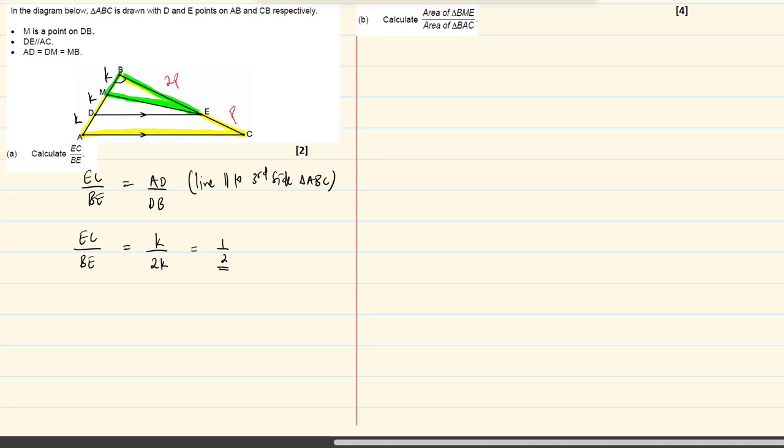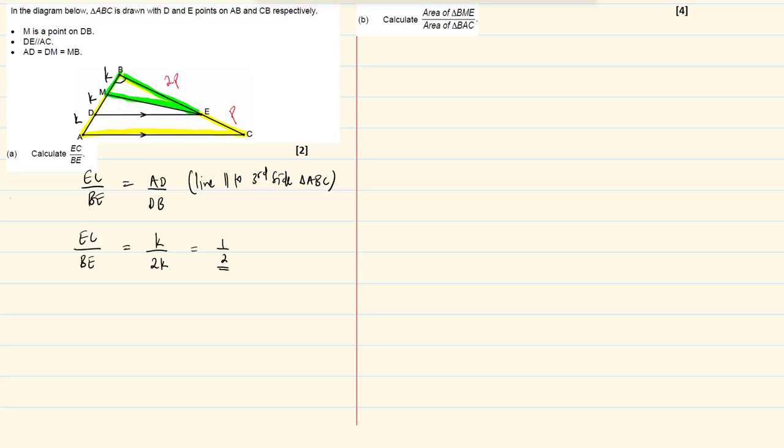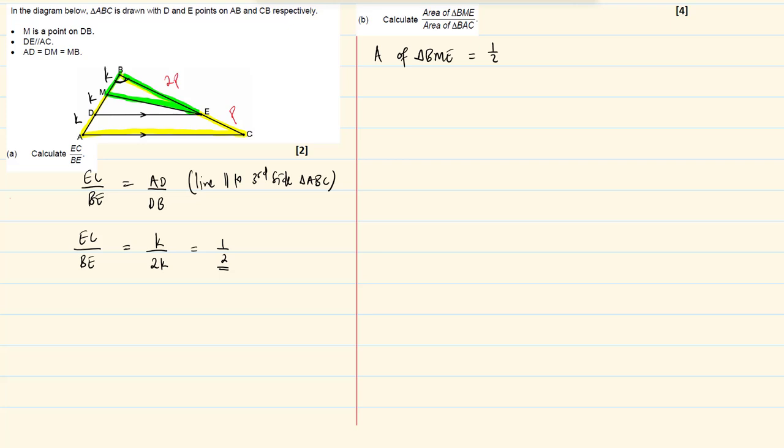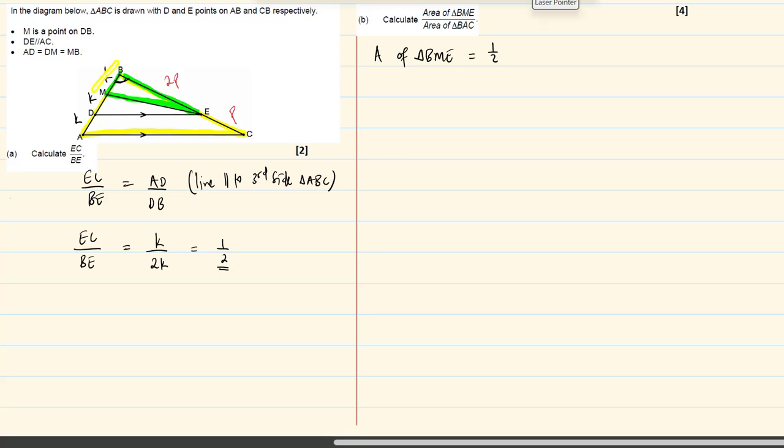I've said that they share the same angle B, this angle here. So the area of triangle BME is going to be equal to 1/2 times this distance BM, which is K units, multiplied by the other side of the triangle, BE.